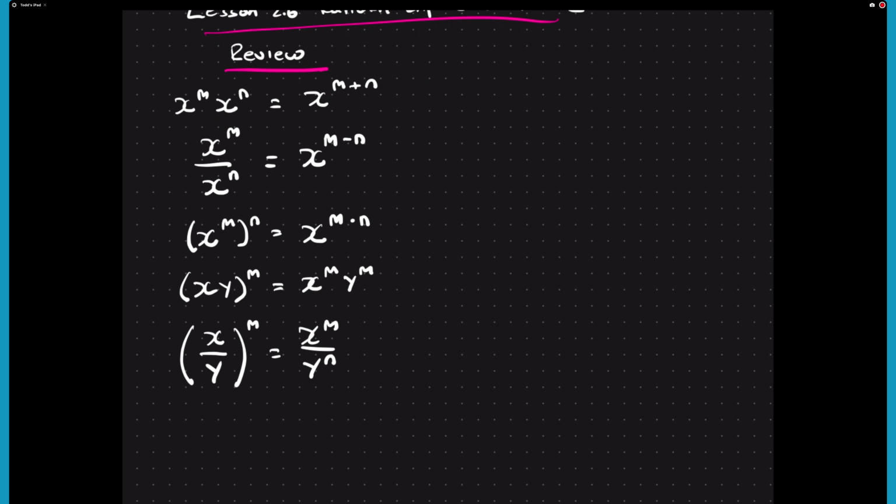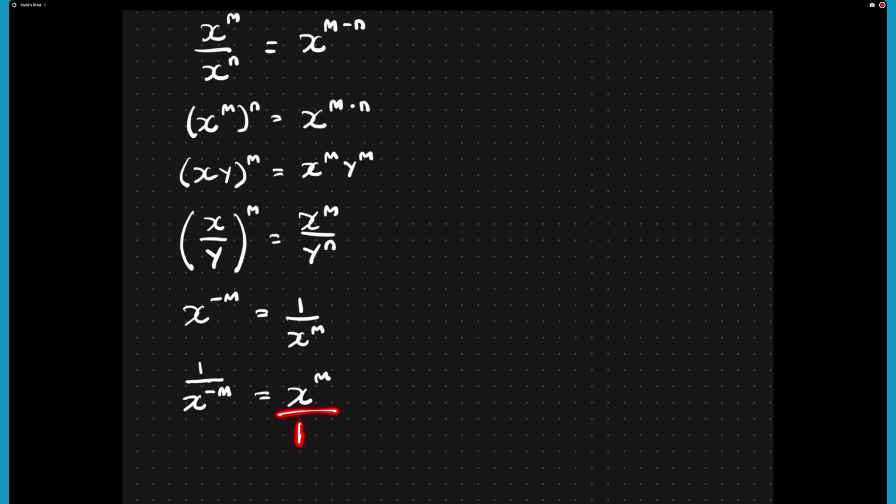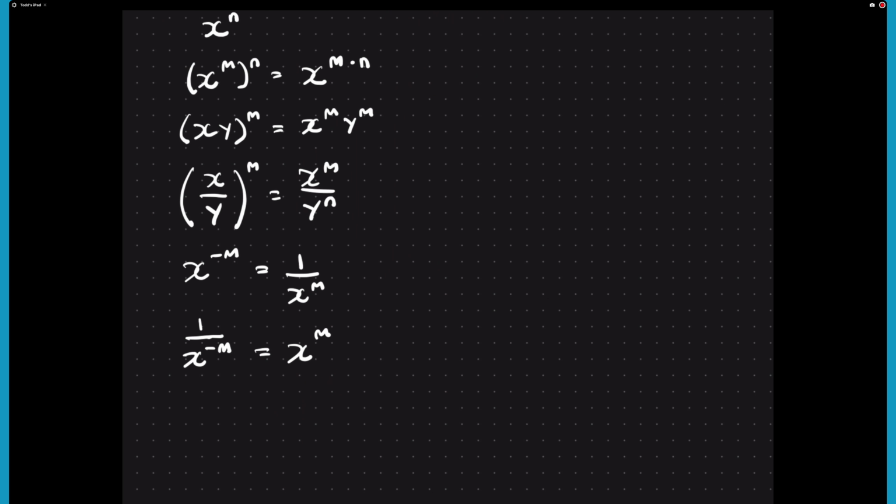The exponent became positive and the x went up top. Remember this is still like a fraction because it's over 1, so it moved to the top.